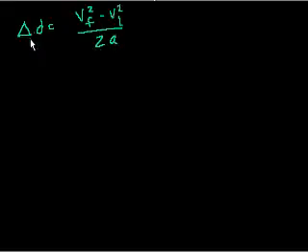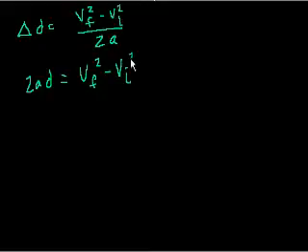If we assume that we start at distance equal to 0, we could just write d here, and that might simplify things. If we assume that we always start at distance equal to 0, the initial distance is always 0. If we multiply both sides by 2a, we get 2ad is equal to Vf squared minus Vi squared.